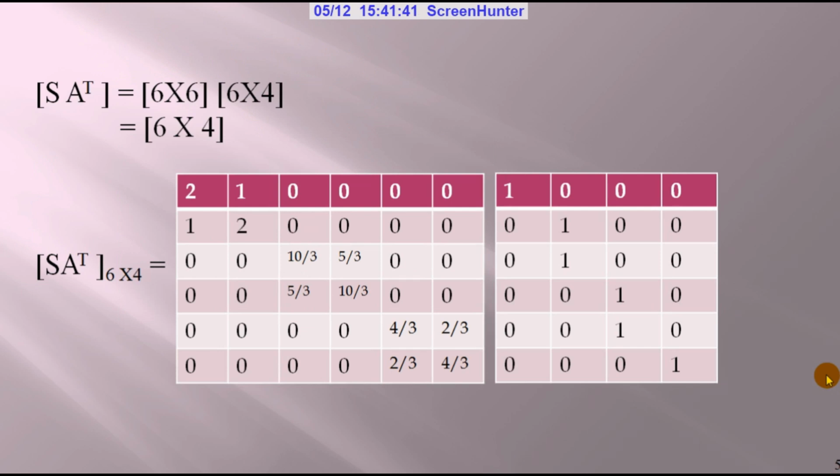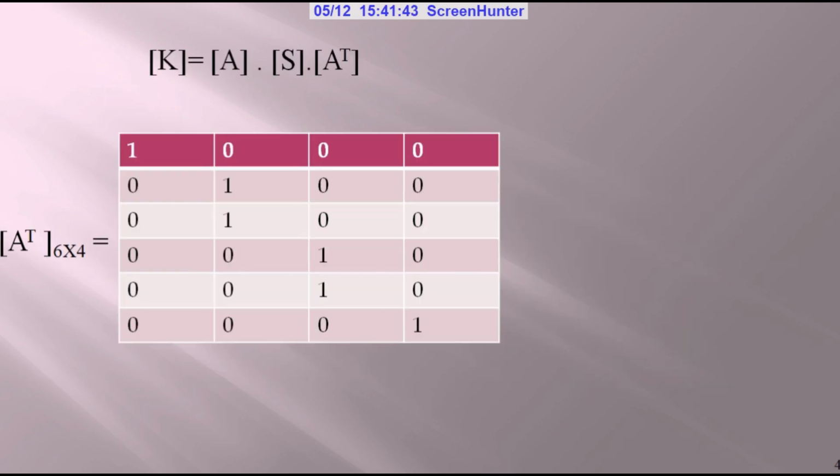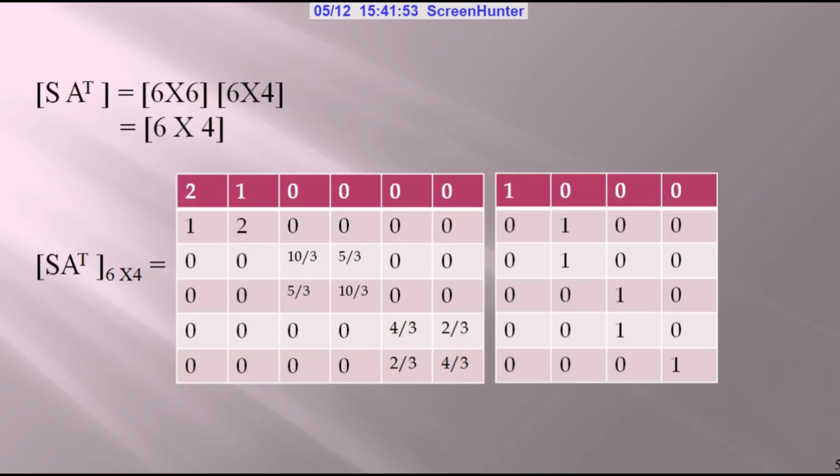So first of all, we will start with this S matrix multiplied by A^T matrix. So S matrix multiplied by A^T matrix means stiffness matrix will be multiplied with transpose of the static matrix. The size of the stiffness matrix was NF by NF, that is 6 by 6. Transpose size was 6 by 4. So your S A^T matrix as a whole will be 6 by 4.